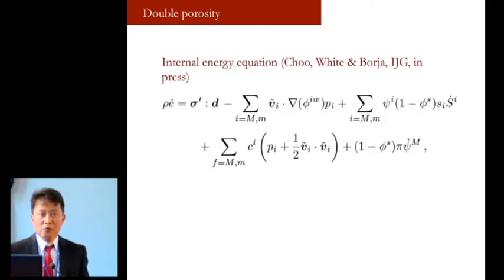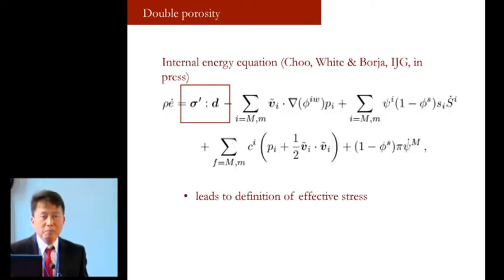Once again, the double porosity formulation needs to employ the concept of internal energy in order to recognize conjugate variables. So this is the expression for the rate of change of internal energy for a solid water-air mixture with two dominant porosity scales. The first term appearing on the right-hand side shows the conjugacy between the effective stress and the rate of deformation for the solid.